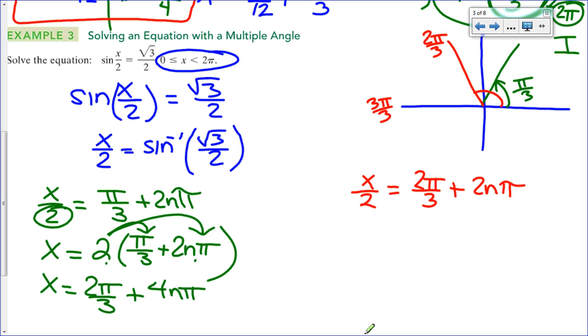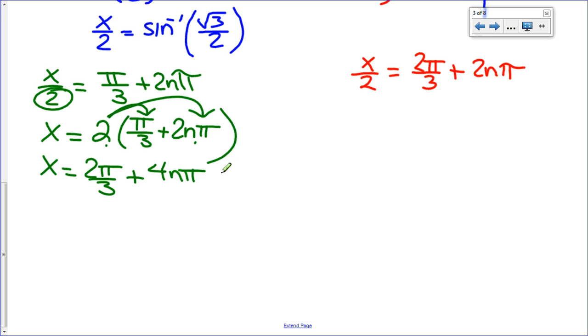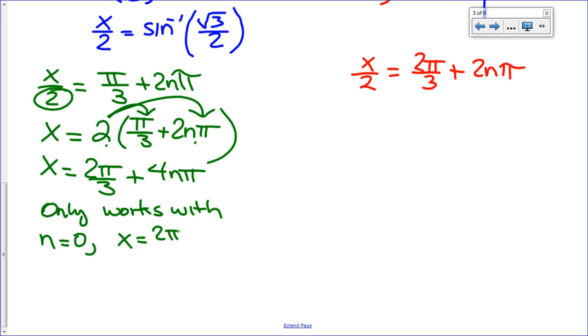So if we only want solutions that don't go past 2 pi, would it even be worth it for me to try to add multiples of 4 pi? Maybe not, right? Because I'm going to go past it definitely the first time. Well, if n is 0, of course, that's the only one that will work. So this one only works with n equals 0, and so you will get x is 2 pi over 3.